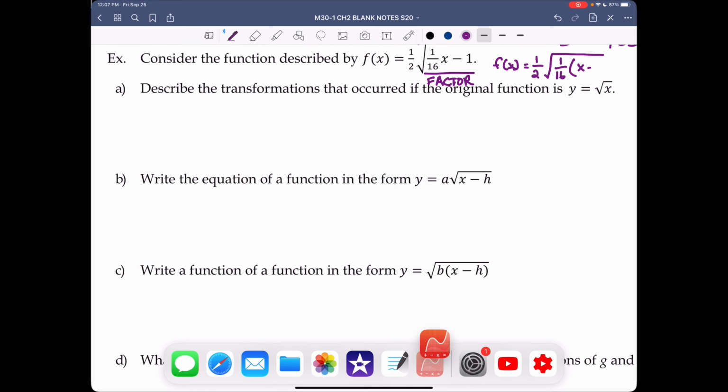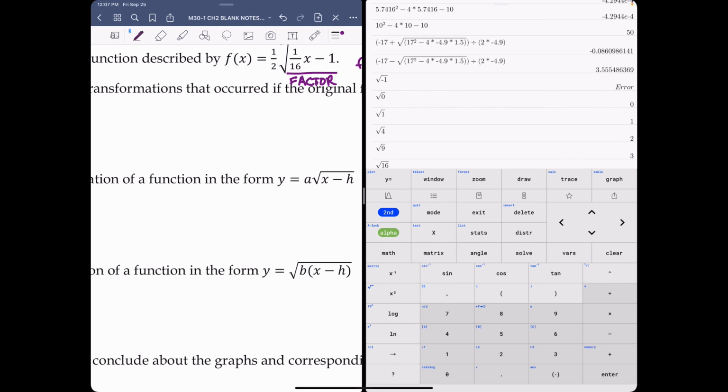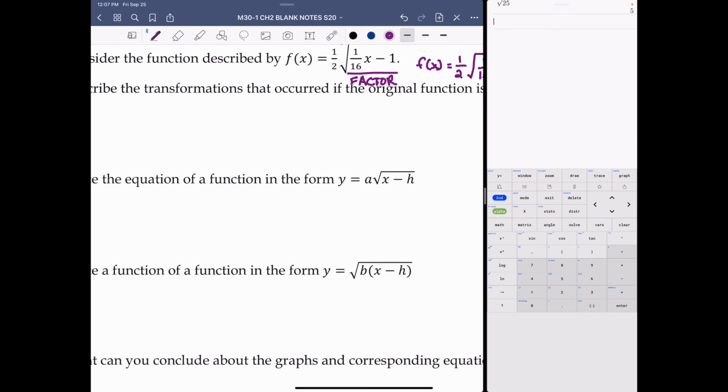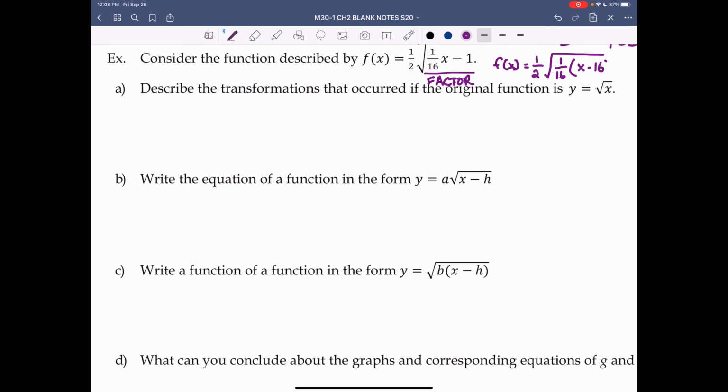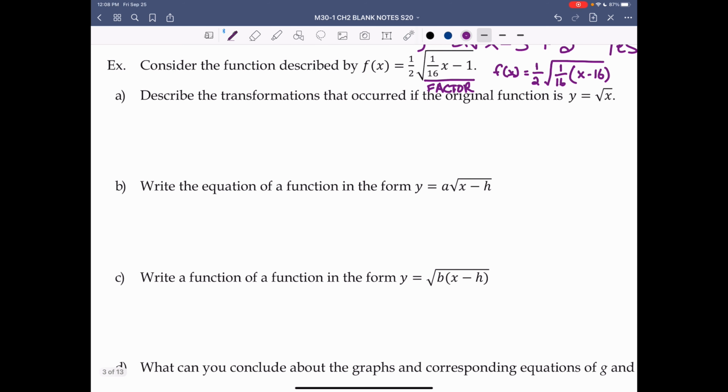We can pull up our calculators. 1 divided by 1/16 is just 16. Becomes x minus 16, close bracket. So that's our function that we're working with.